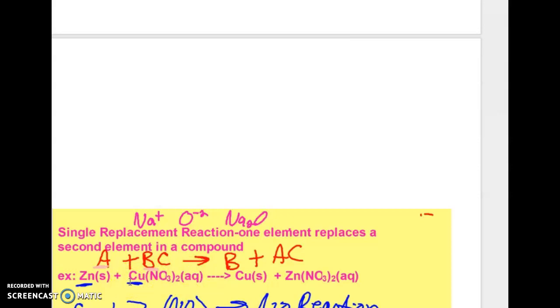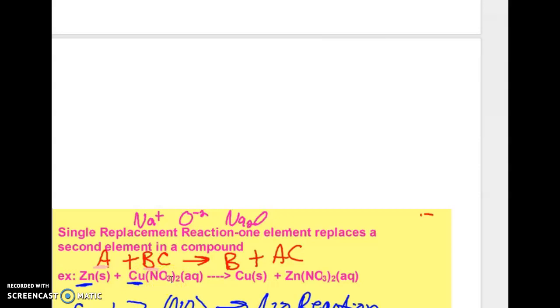So we are talking about ionic compounds with single replacement reactions. I know this is ionic because one of these is a metal, so copper nitrate. Remember your ion sheets.